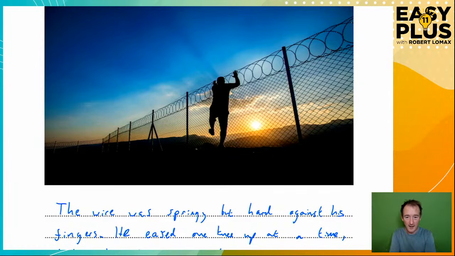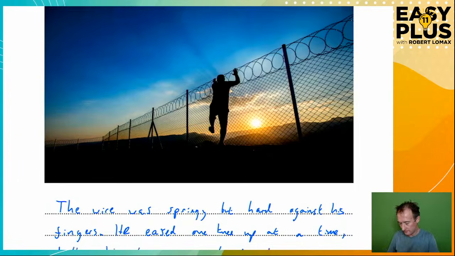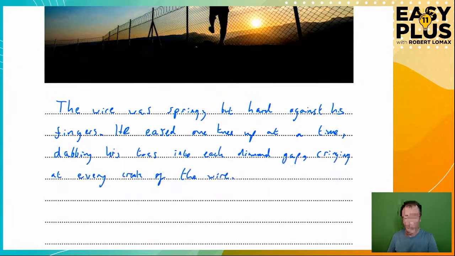And how high is the sun? Well, it's sort of hovering just above the horizon. Okay, and there are some hills. So what have we got there? The sun was hovering above the eastern hills.